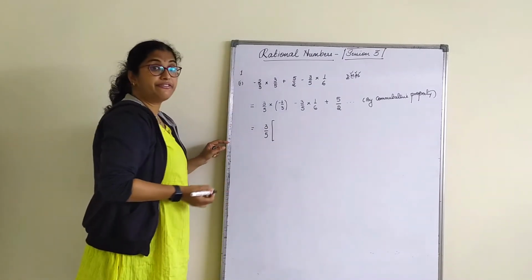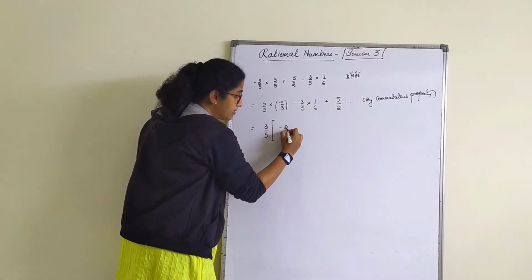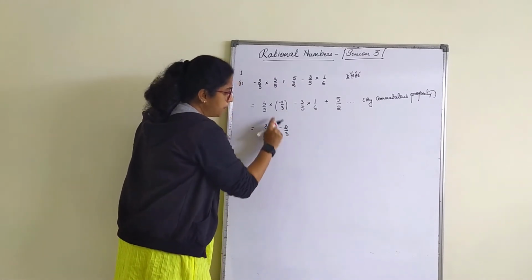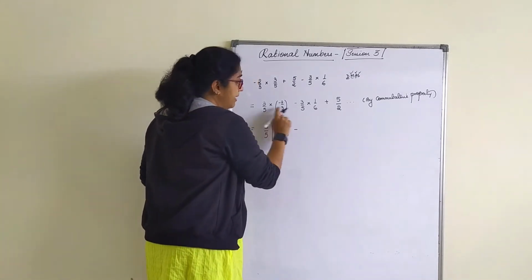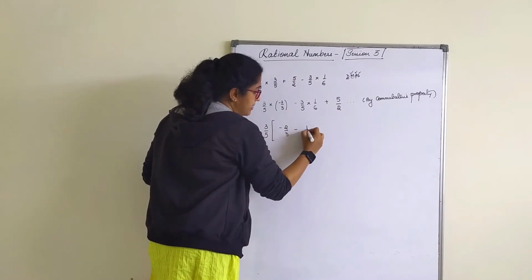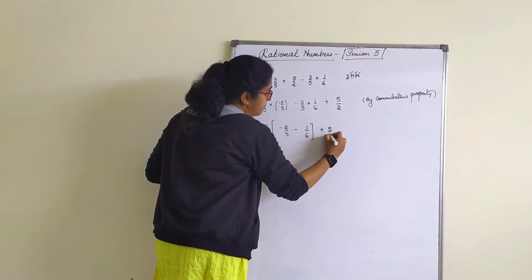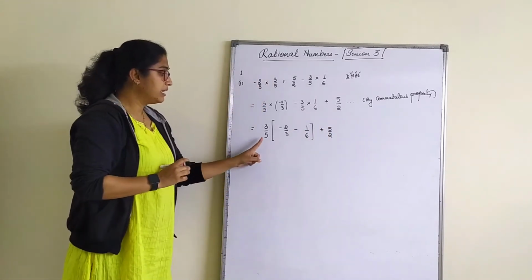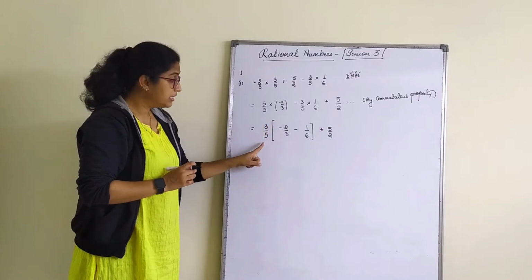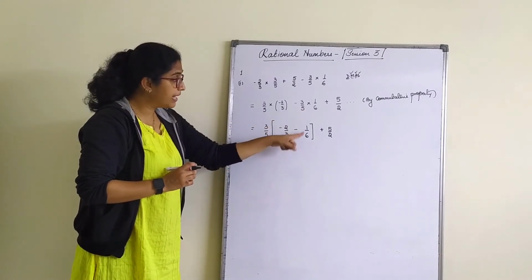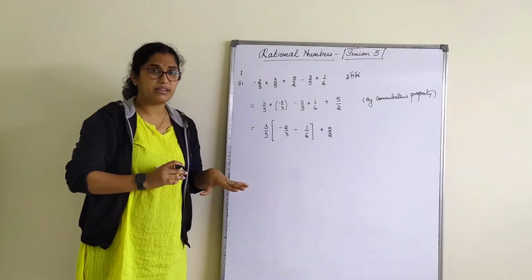If I take 3 by 5 common, 3 by 5 into minus 2 by 3, see, if I multiply, I get back the same answer again. Minus 3 by 5 into 1 by 6, minus 1 by 6, plus 5 by 2. Just see here, 3 by 5 into minus 2 by 3 is this answer. 3 by 5 into minus 1 by 6 is again this answer. I am getting the same answer there, right?